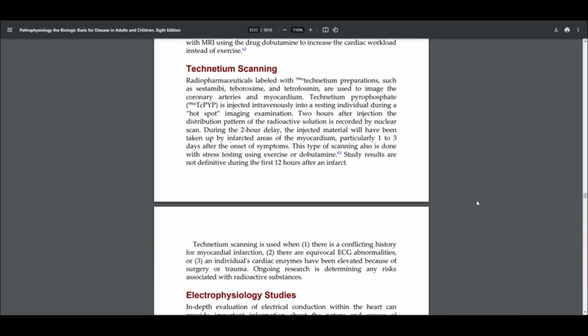And then the technetium scanning. Radiopharmaceuticals labeled with technetium preparations such as sestamibi, teboroxime, and tetrofosmin are used to image the coronary artery and myocardium.